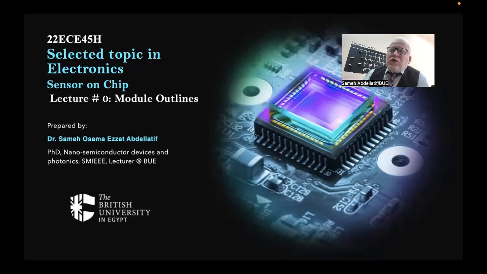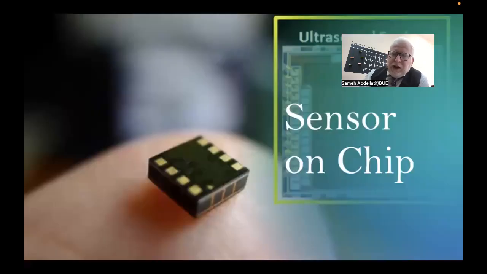So during this course, we are giving more focus toward the analog interfacing circuits and the analog circuits related to such system on chip circuits or schematics. So our concern is sensor on chip. And based on this, we are going to investigate not only sensors, but actually the interfacing circuits and other energy management circuits related to sensors.